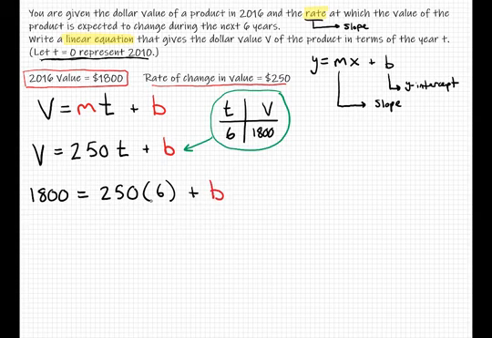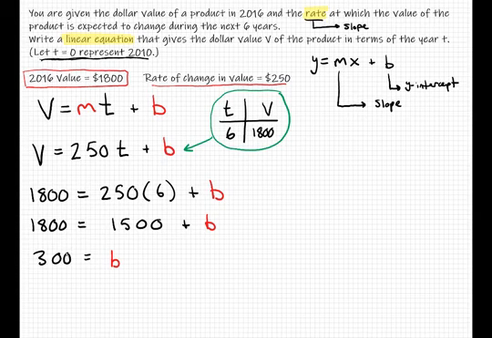Okay, 250 times 6, well, that's 1500. So we could say 1800 equals 1500 plus b, and subtract 1500 from both sides. So b should equal 300.